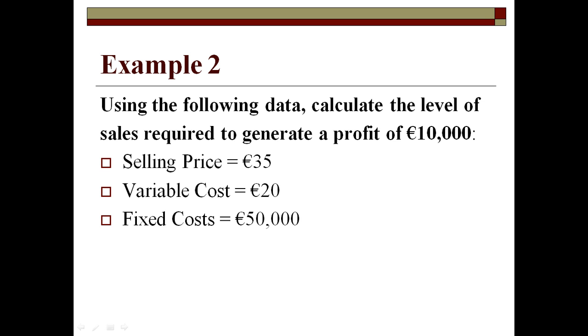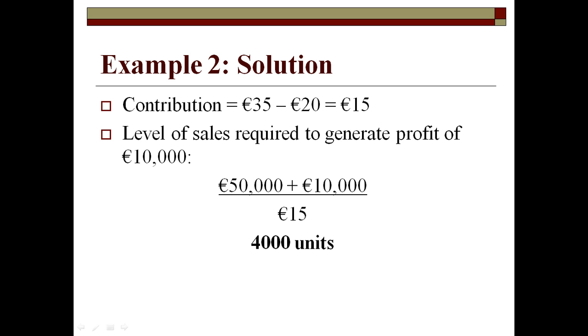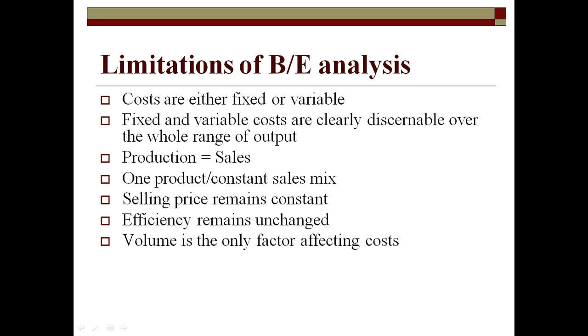You can see the example in which, by using the following data, calculate the level of sales required to generate a profit of rupees 10,000, in which selling price 35, variable cost 20 and fixed cost 50,000, contribution 15, and level of sales required to generate a profit is 50,000 plus 10,000 divided by 15, equal to 4,000 units.